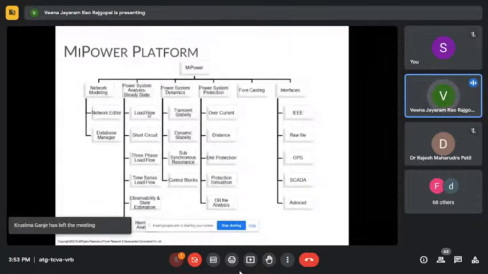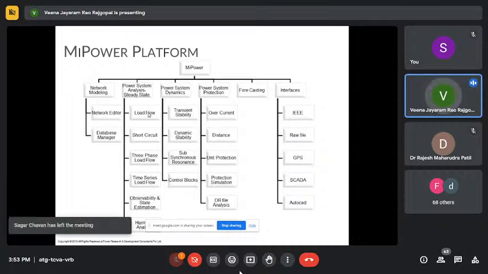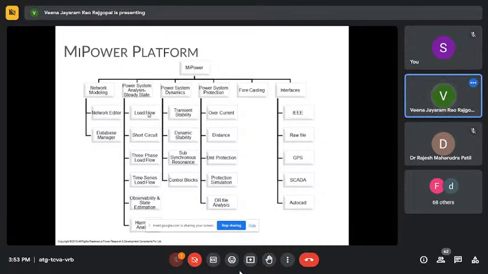Then you have the short circuit. In this short circuit study, it depends on what your objective is, like when you go for a steady state short circuit, when it is transient, or when it is electromagnetic transient. All three modules will have short circuit studies, but what study you do depends upon your objective.